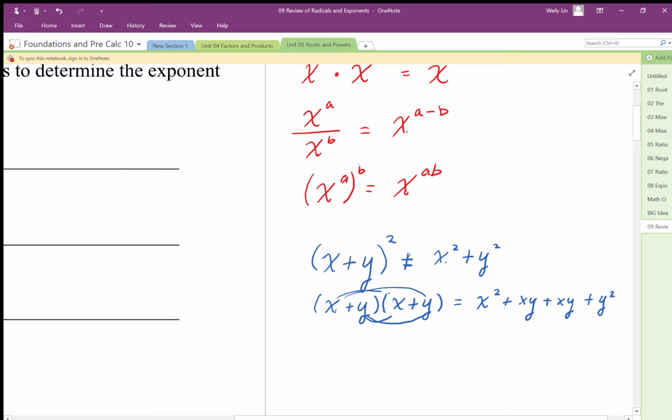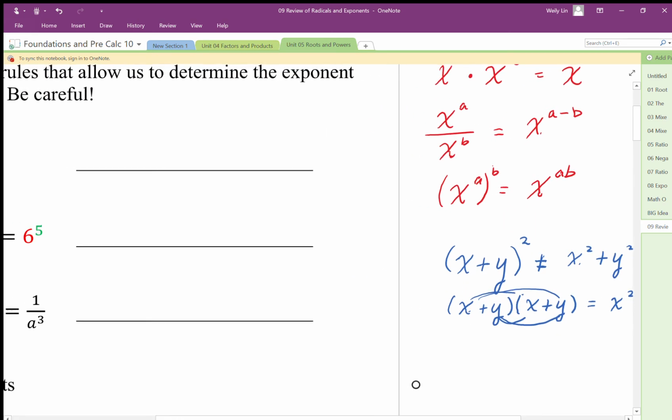Okay, and notice that these are not equivalent. x plus y times x plus y is equal to this. If we square x plus y individually, we do not get that, so they cannot be done. So the big idea, though, is that addition and subtraction cannot mix with powers and roots.